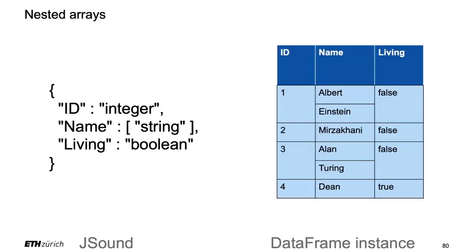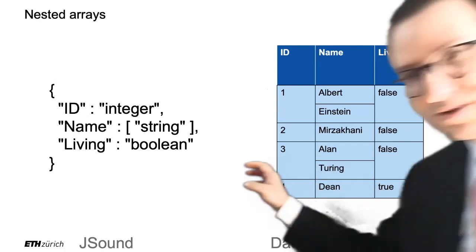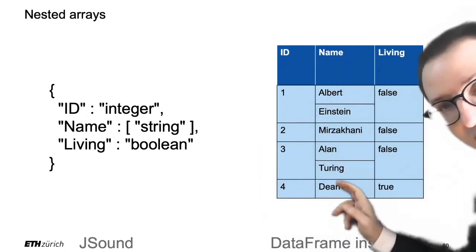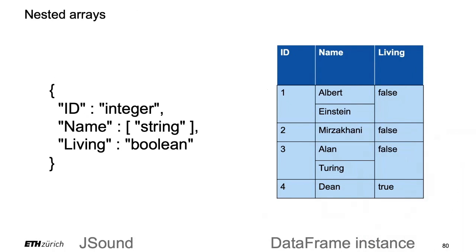Now, let's try to generalize. This is no longer a relational table. Why? It breaks the first normal form. You see these lines here, it's no longer a regular table. I have these horizontal lines that divide my cell here. You see, Albert Einstein, it's divided like that. Alan Turing. This is no longer a relational table, but it's a data frame. So how did that happen? How did we get these strange horizontal lines that are only going through one column?